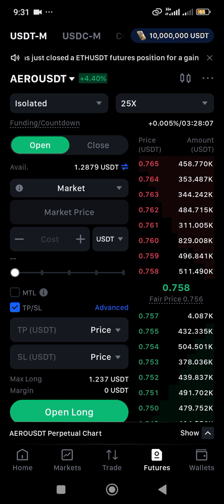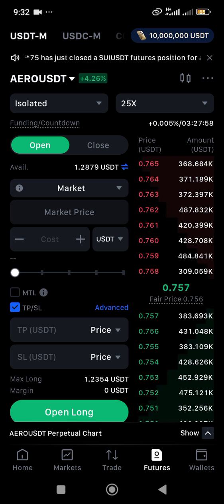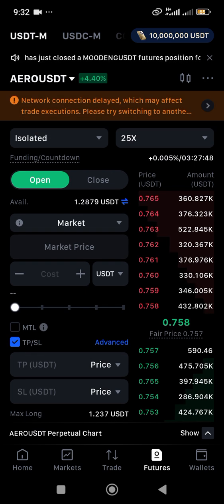It's just like leveraging on the platform's provision of extra USDT, extra finance for trading.